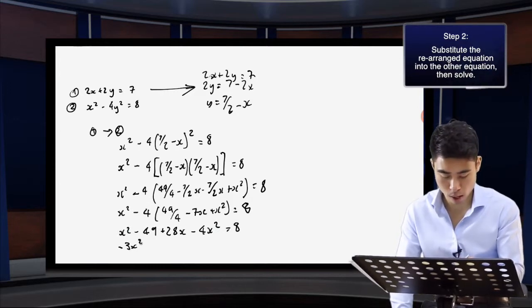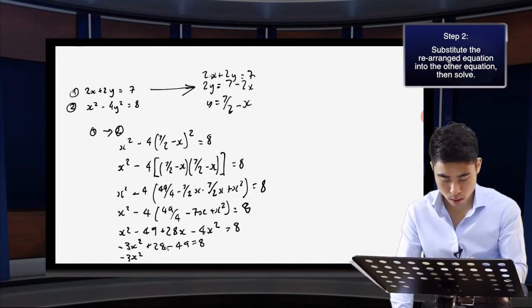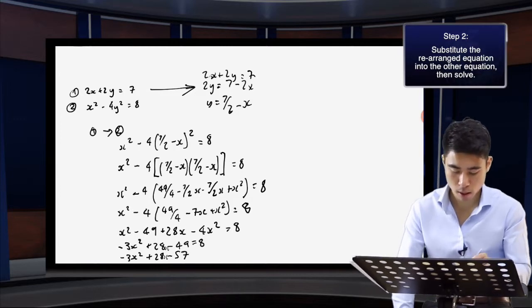That's minus 3x squared altogether, plus 28x minus 49 equal to 8. And then just moving that 8 on the right hand side over, subtract 8 from both sides, I'm left with that.